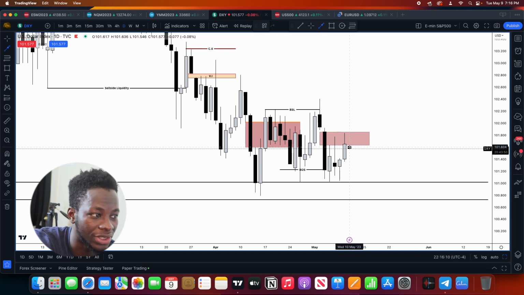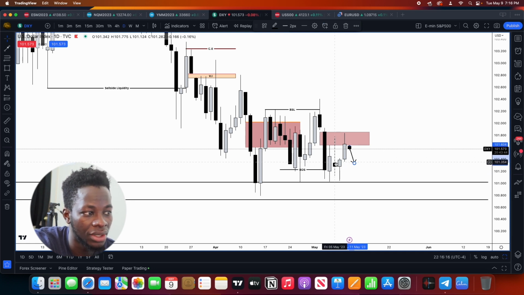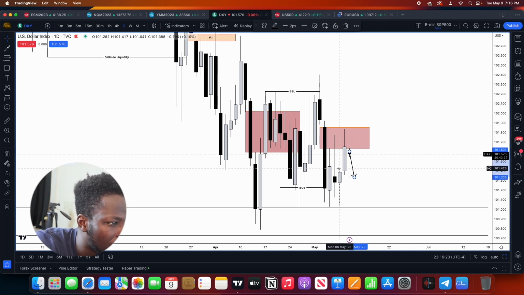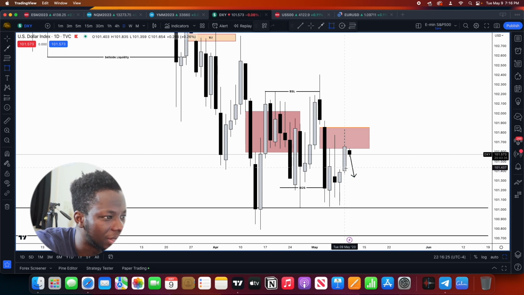My expectation for this week is that we may have a bump because of this daily candle, which was the last down candle. We may have a bump because I'm seeing that we have a small volume imbalance in here as well, right?